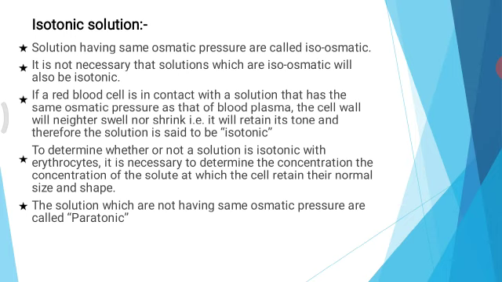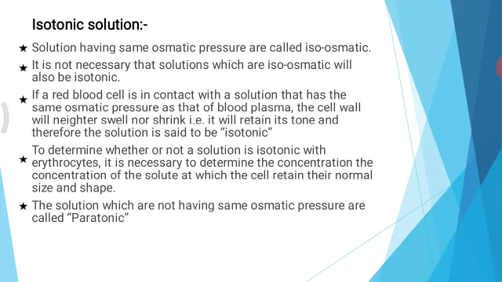If a red blood cell is in contact with a solution that has the same osmotic pressure as that of blood plasma, the cell wall will neither swell nor shrink, that is, it will retain its tone, and therefore the solution is said to be isotonic.